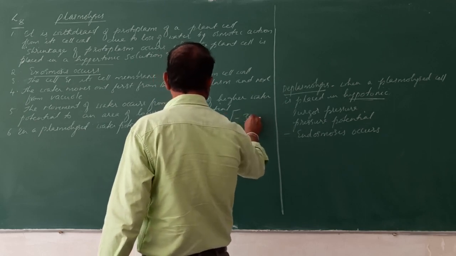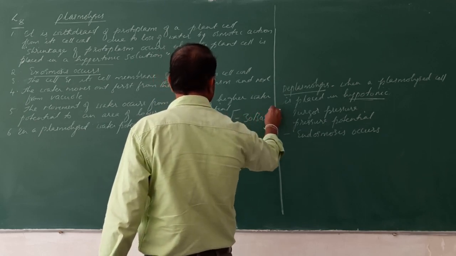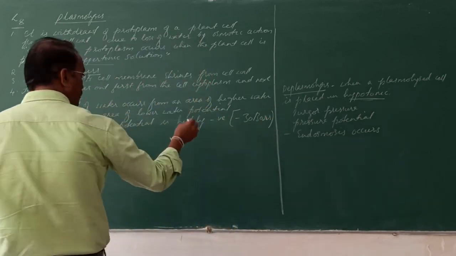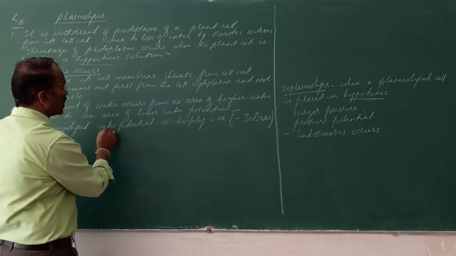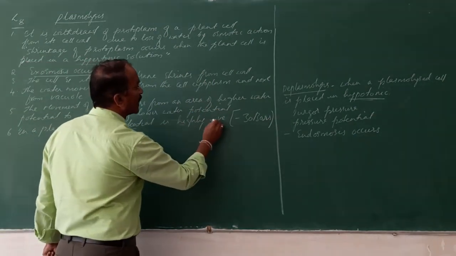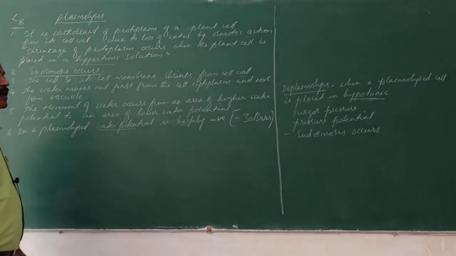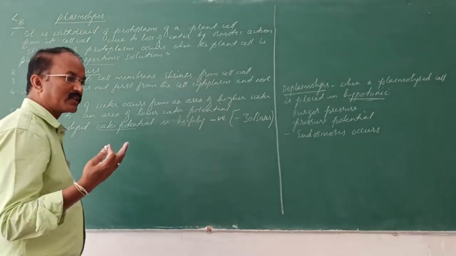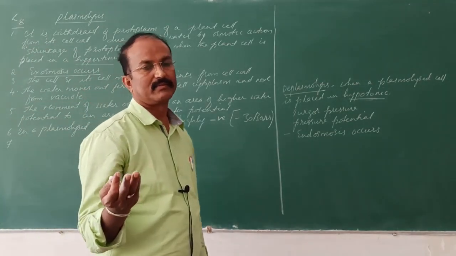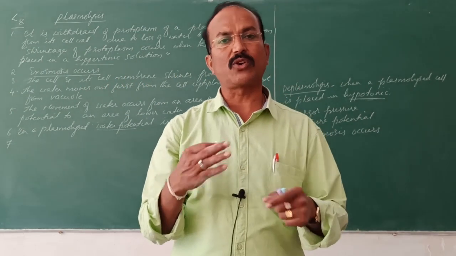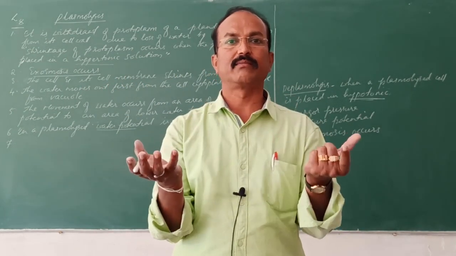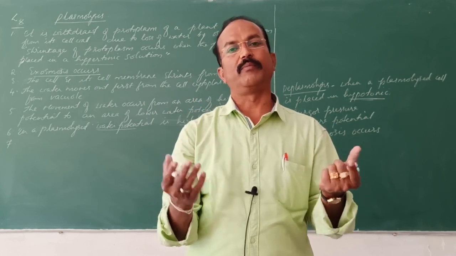That is minus 30 bars. Bars, water potential is also measured in bars. It goes up to minus 30 bars due to the high concentration of cell sap. When the cell sap, the vacuolar sap, starts losing water, only solutes will be there. Water will become very less.